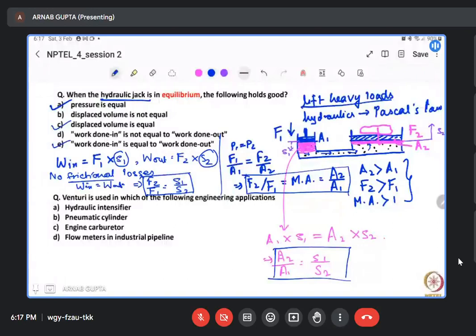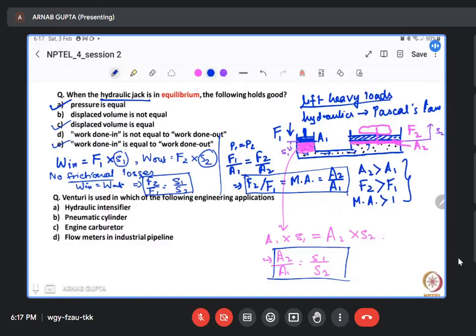Now I would like to ask why is this particular term equilibrium being mentioned? Why do we mention that when the hydraulic jack is in equilibrium, the following holds good? Anyone? What is the significance of this particular term here?